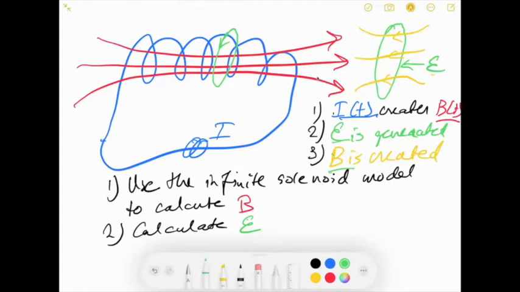So the blue solenoid is an infinite solenoid. So therefore, the field is uniform inside the solenoid. And we're going to calculate B. And then afterwards, we will calculate the EMF on the green loop.